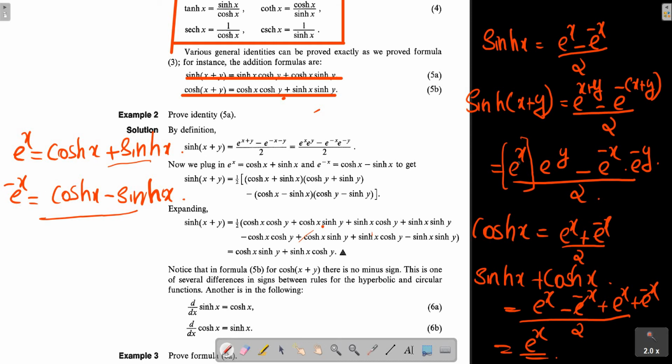So in place of e raised to x, we substitute cosh x plus sinh x; in place of e raised to y, cosh y plus sinh y; minus cosh x minus sinh x, then cosh y minus sinh y.